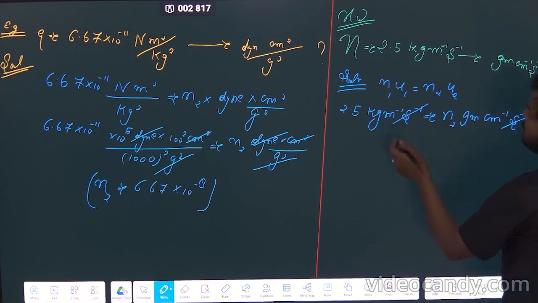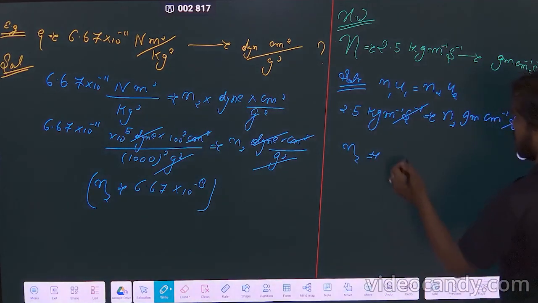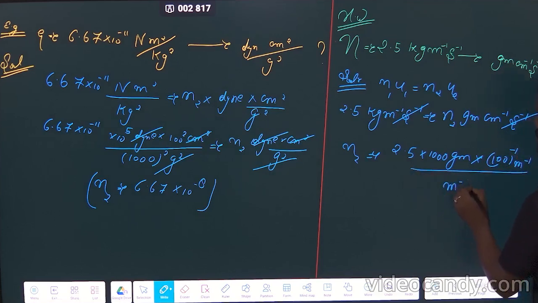Cross this, this will cancel out, and you will get N2 as 2.5 into 1000 gram, and for meters remember that it is minus 1.